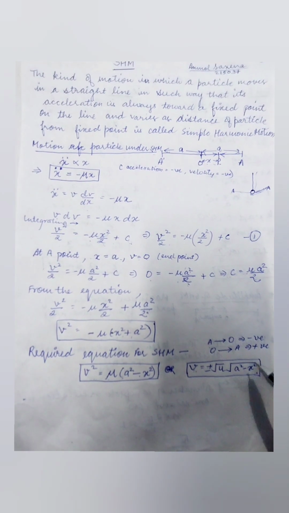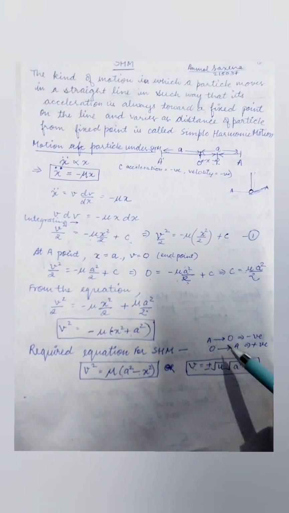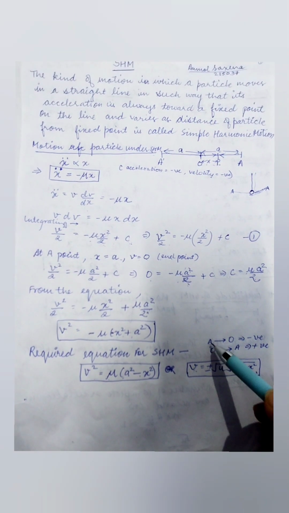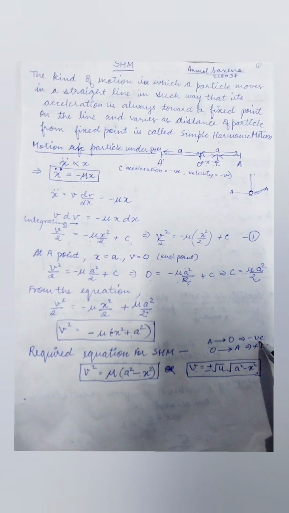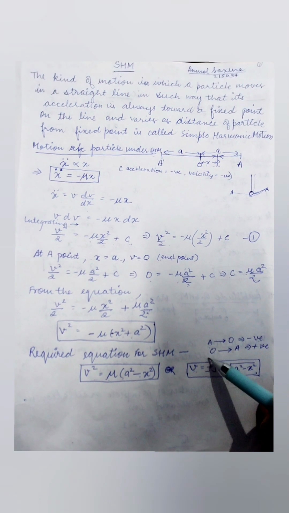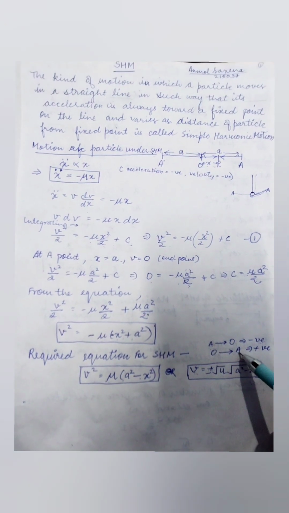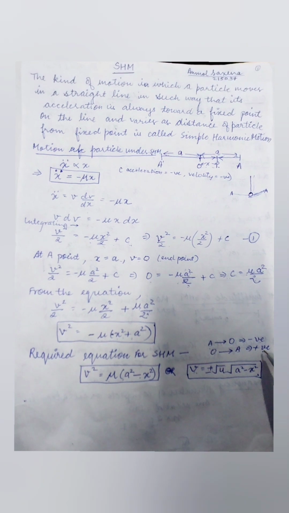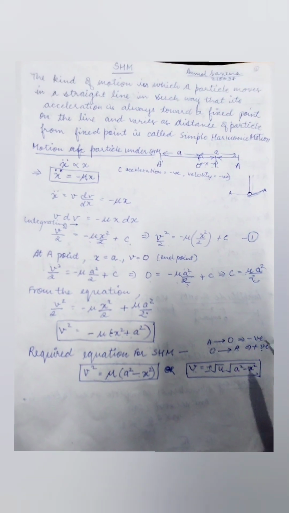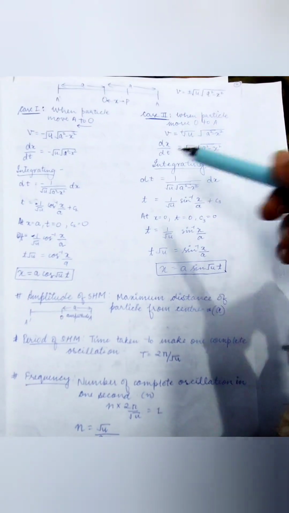One thing to remember is that when we have the motion A to O we take it negative, and when we have the motion O to A we take it positive. We have two cases here.